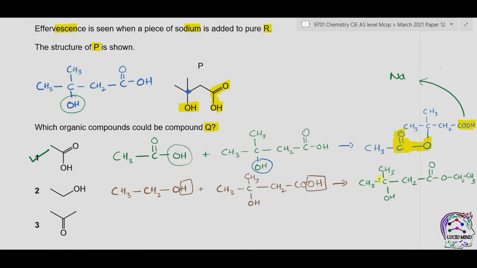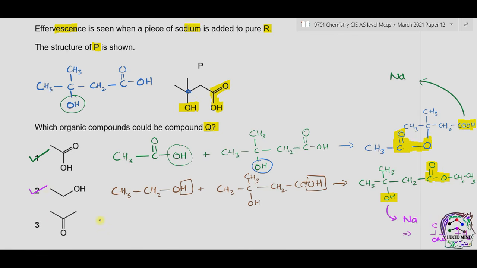Now we can see that in this structure we have ester functional group, we also have alcohol functional group. Now alcohol functional group can react with sodium metal to form alkoxide and hydrogen gas is released. So 2 is also correct.